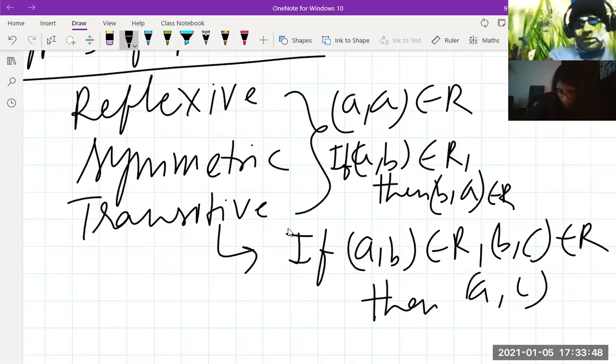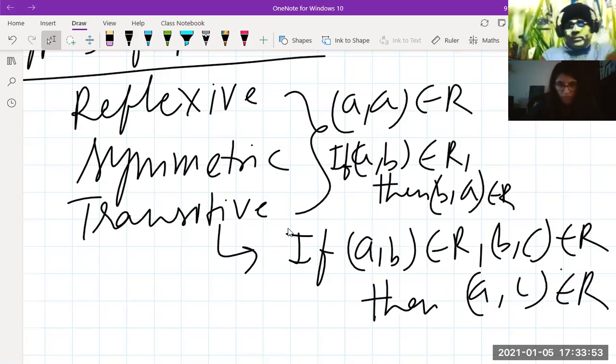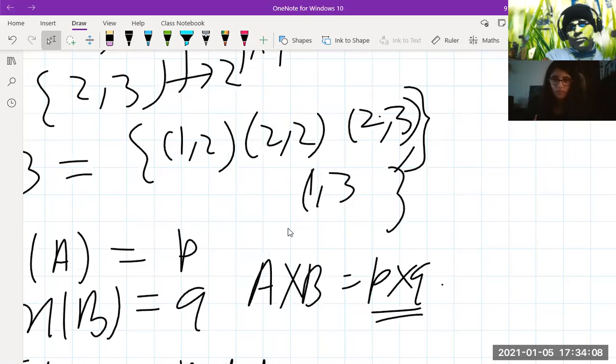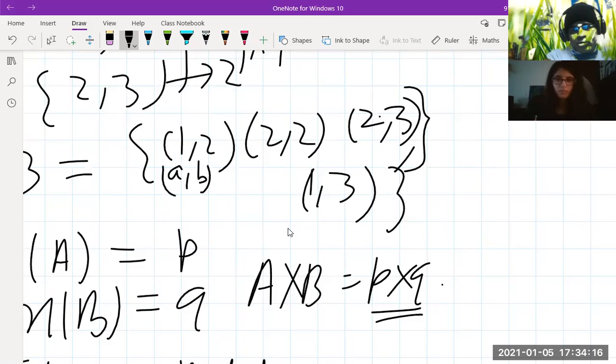What does that mean? If we observe in the above example, we have (1, 2), (2, 3), and (1, 3) as well. Suppose this is (A, B), this is (B, C), another element, and (1, 3) is (A, C).